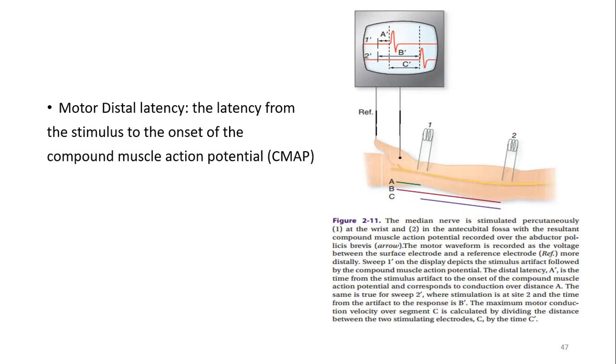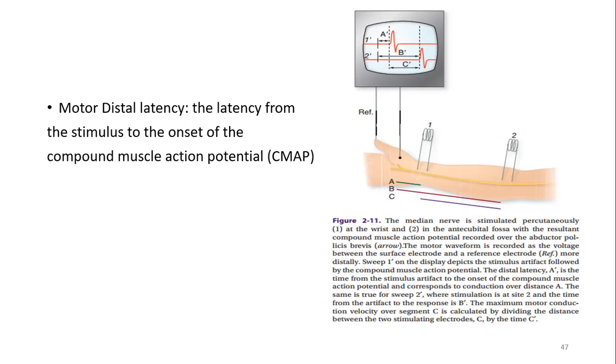We measure the nerve conduction velocity by using the latency period from these two electrodes, and the difference between the latency periods of these two electrodes. We divide the distance between these two electrodes by the difference between the latency periods.